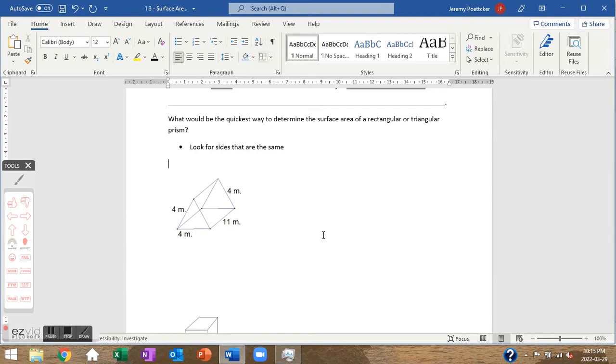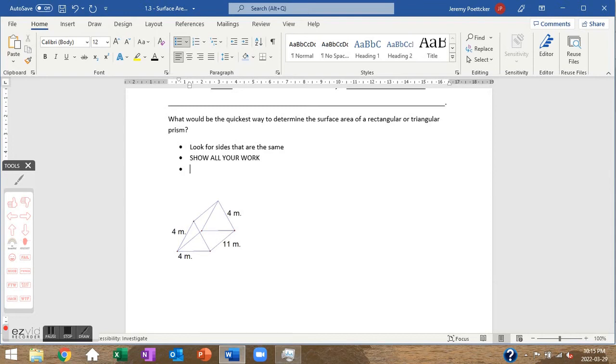And then there are a couple of little tricks to go with this. First, look for sides that are the same. Secondly, show all your work. And thirdly, label which formula is for which side or sides.